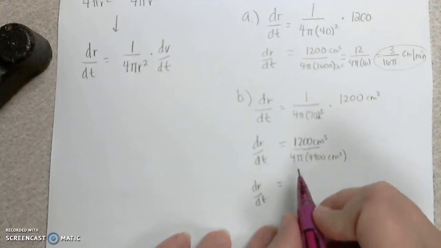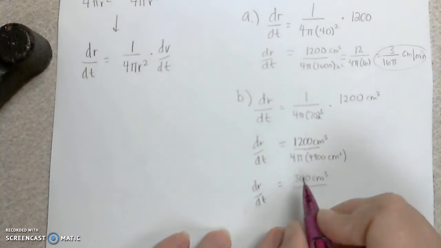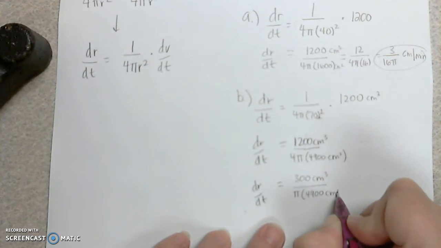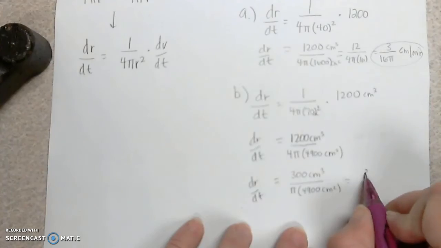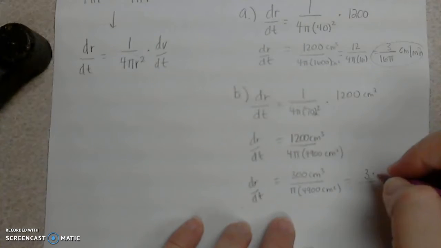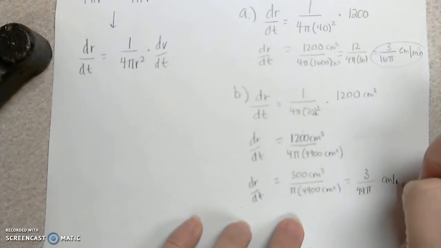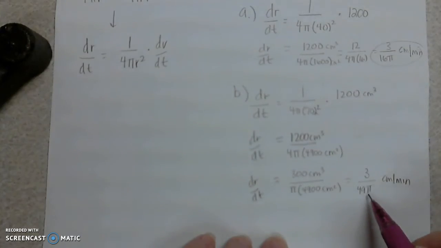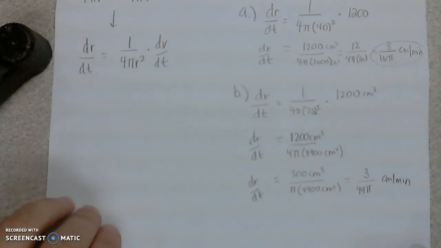I could say 4 into 1200 would be 300 cubic centimeters over pi times 4900 centimeters squared. And then crossing out the zeros would leave me 3 over 49 pi centimeters per minute. So the radius is changing at 3 over 49 pi centimeters per minute.